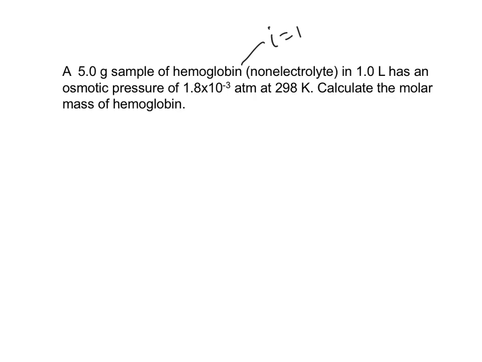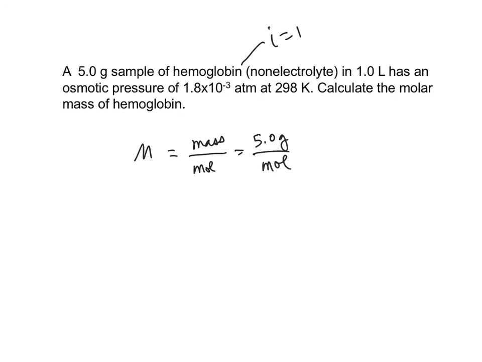Temperature is 298, and you want the molar mass. So molar mass, you can use capital M for molar mass. This is going to be equal to grams per mole, right? So this is going to be mass divided by moles of hemoglobin. And the moles, well, we already know we have 5 grams of hemoglobin.